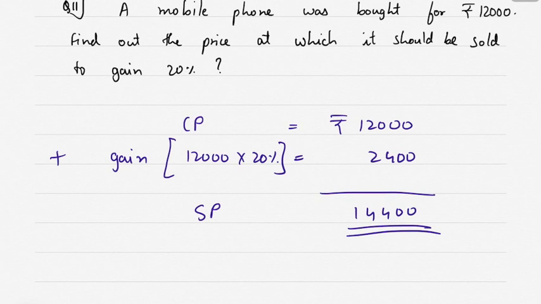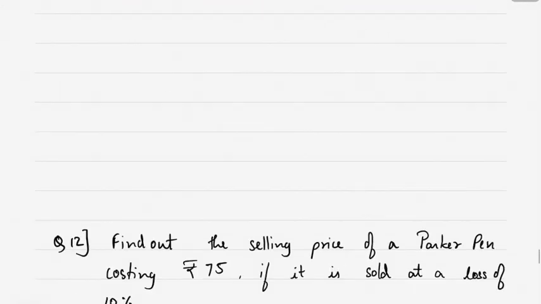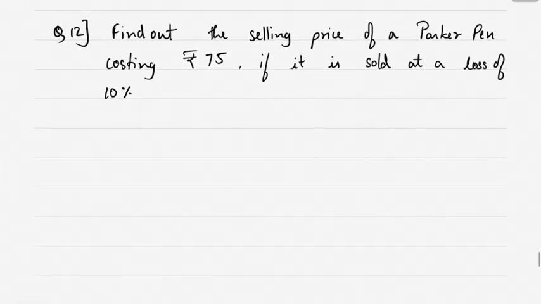So cost price is 12,000, gain is 20% of cost price. So 20% of 12,000 comes to 2,400. Selling price is 12,000 plus 2,400, which comes to 14,400. Okay. Let's see the next question. These are very simple questions.